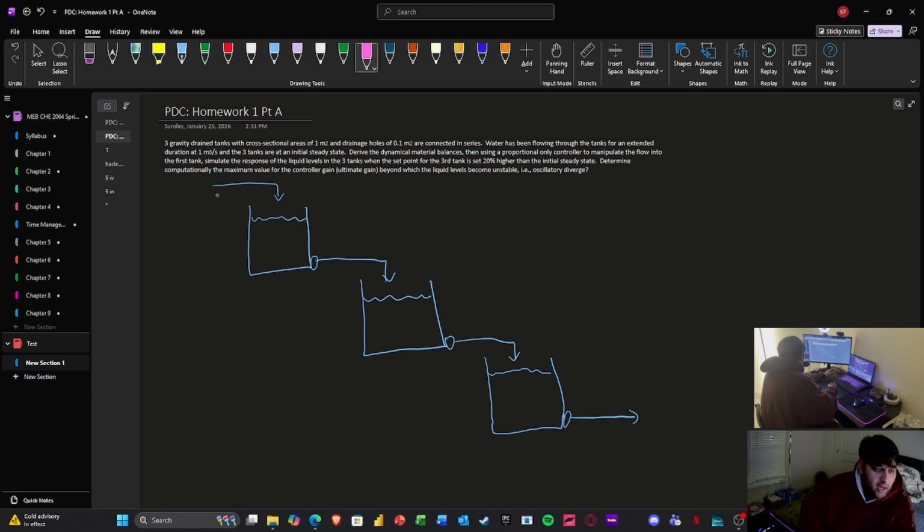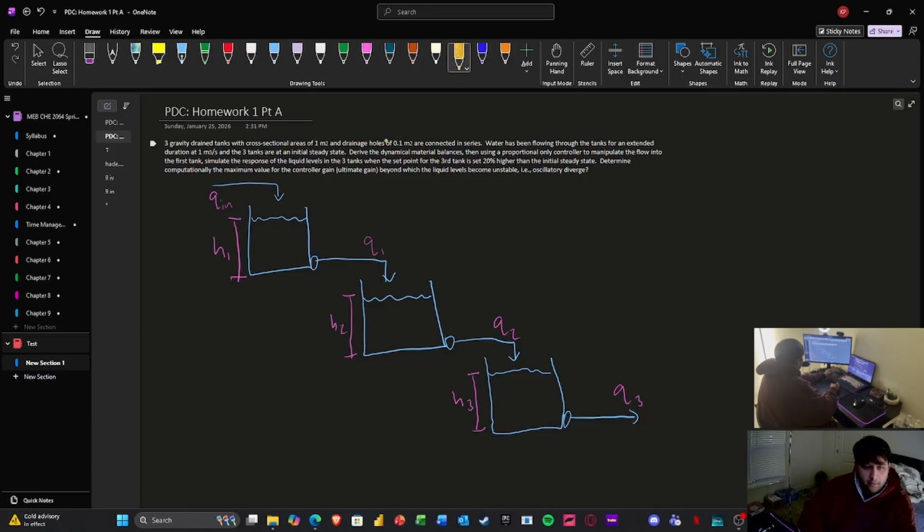variables. So we have the inlet flow, the outlet flow for the first tank, but the inlet for the second tank, Q2, and then Q3, and then we have the heights of the liquid or water in each tank.